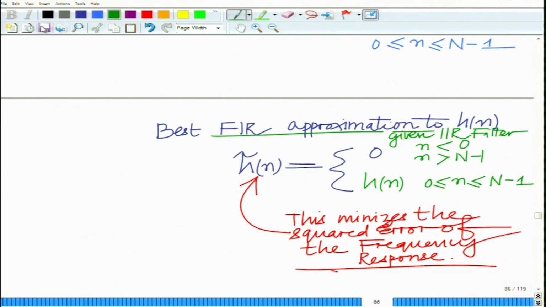This gives the best FIR approximation to the given infinite impulse response filter h of n.